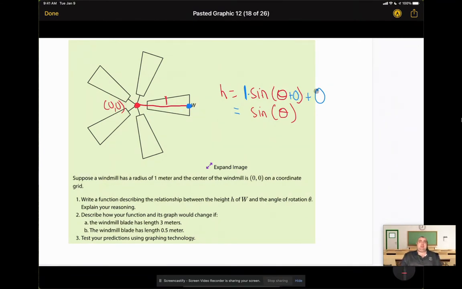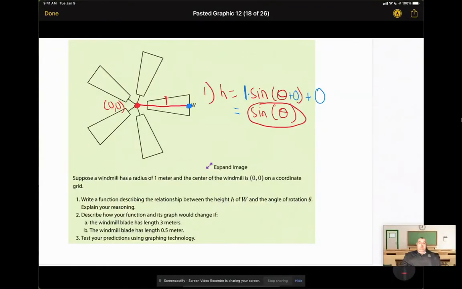I also don't need to write the plus 0 outside the parentheses because, again, adding 0 doesn't change the value. So the function describing the relationship between the height h of w and the angle of rotation is going to be sine of theta. So that's number 1. This is the answer to number 1.